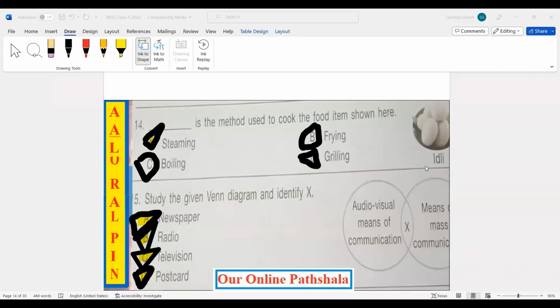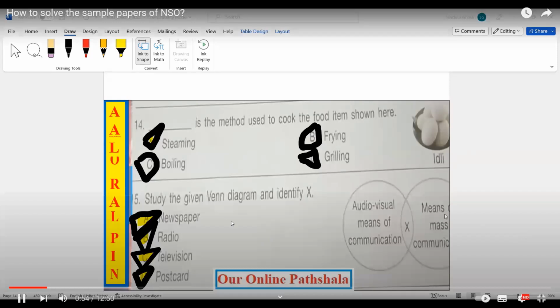We can all see this is an idli and the correct answer will be steaming because we don't boil this. We just steam the idli to make it. Then study the given diagram and identify X. Both audio, visual and means of mass communication will be television.